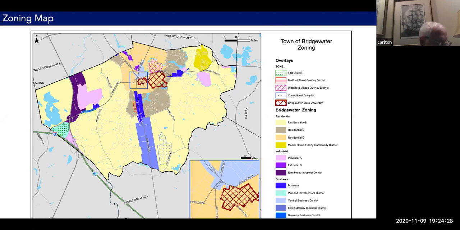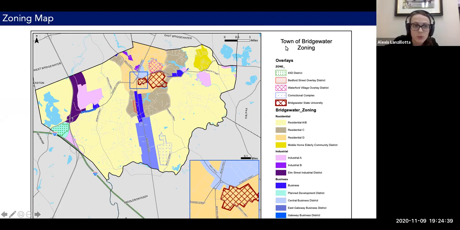Let's see. And how much of the unusable, undevelopable land is wetlands? So that's a good question. We have a soils map in the chapter.